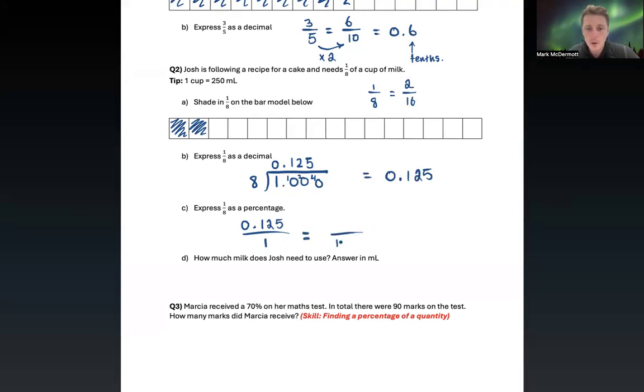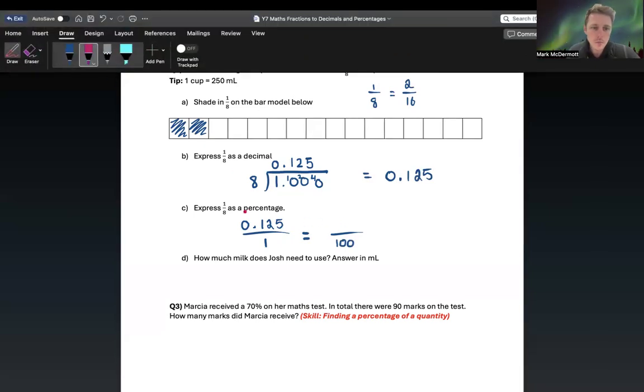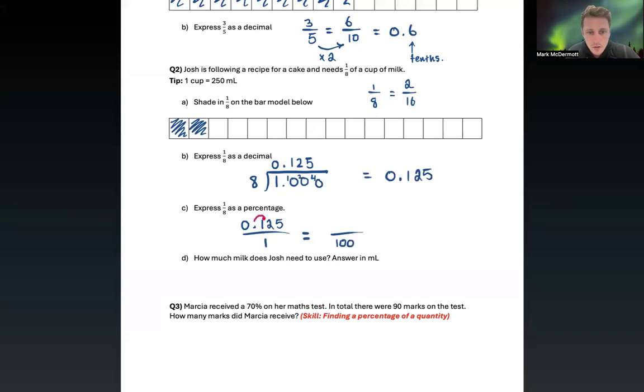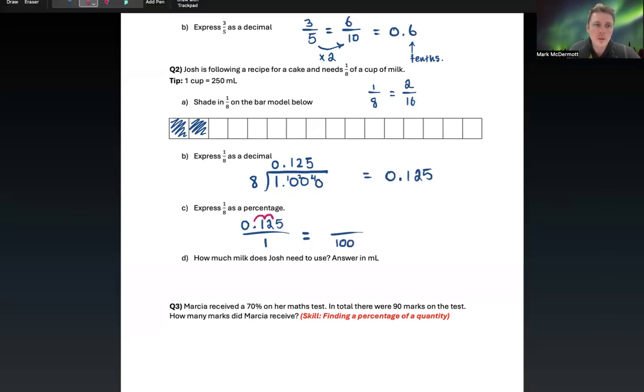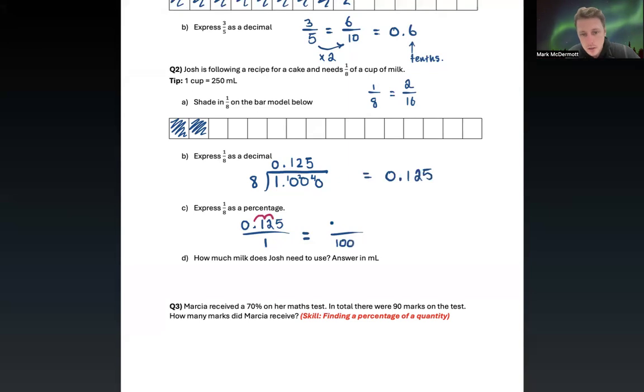But if we were to make it out of 100, we multiply the 1 by 100, so we multiply the top by 100. So 0.125 multiplied by 100. This is a slightly different skill, but multiplying by 100, you move the decimal place twice. So you get 12.5. Now it's out of 100, so we can see that this must correspond to 12.5%.